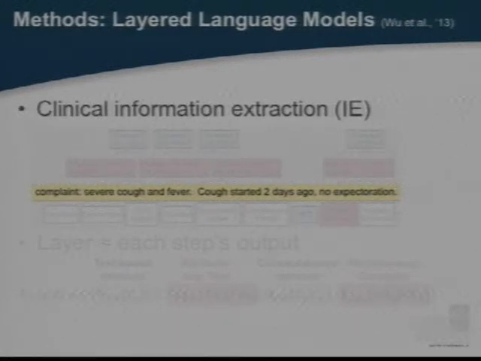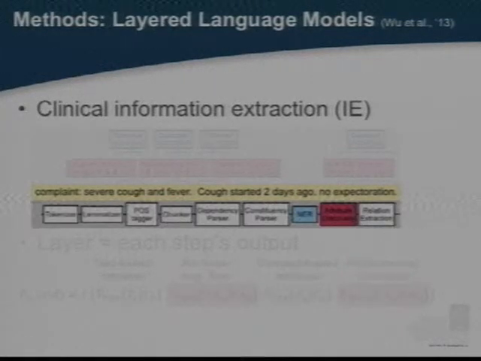Cough started 2 days ago. No expectoration. And when you take that piece of text, you can do something beyond just looking at the piece of text. We run it through an information extraction pipeline, and actually there's a few of them that I use: MedTagger, cTAKES, a few of them.